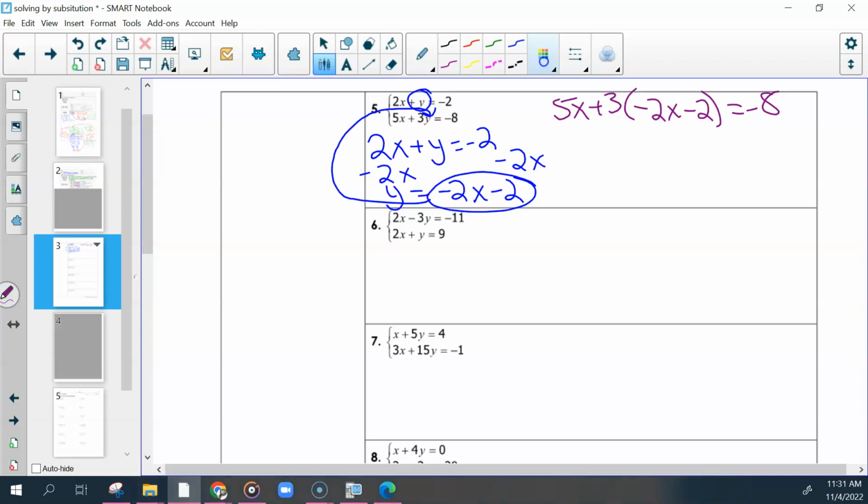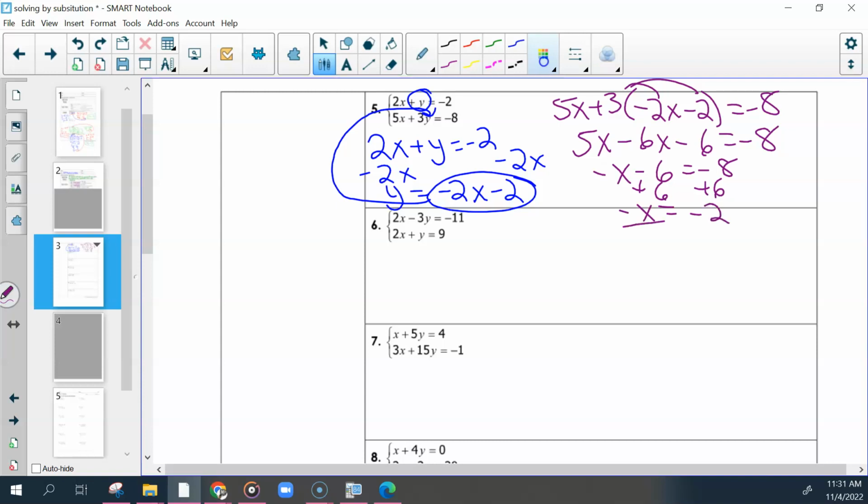And then start to solve. Distribute. 5x minus 6x minus 6. Combine your like terms and solve for x. Here we would have to divide both sides by negative 1 to get x by itself.